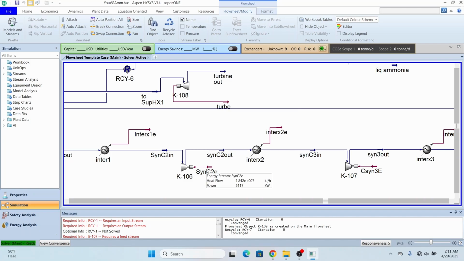So this compressor stage energy requirement is 5,100, and this compressor also has 5,180. So we can use this energy produced by this steam turbine to run the shaft of these two compressors. In Aspen HYSYS, how will we simulate it?